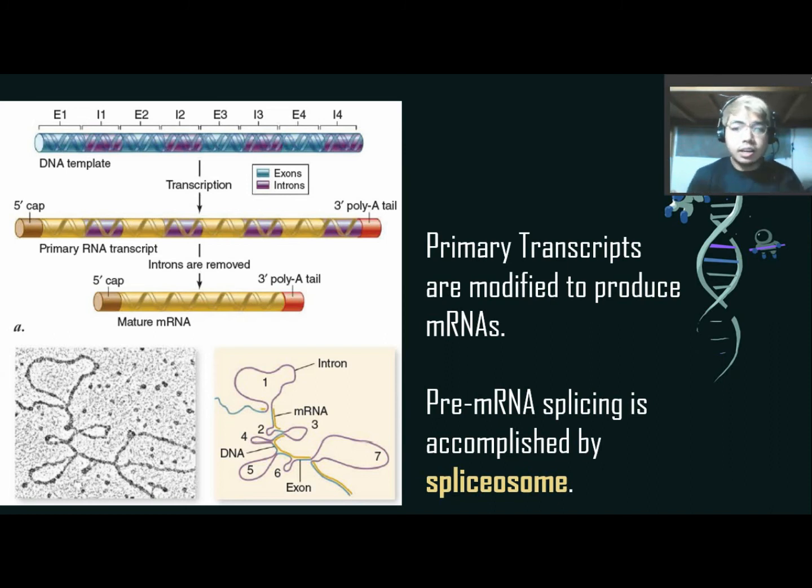So basically, the pre-mRNA would simply be spliced, okay? It is spliced, not sliced. It will be spliced to create the mature mRNA, and this mature mRNA will contain the usable codons, the 3-letter nitrogenous base words that would create the specific proteins needed for the process of gene expression.